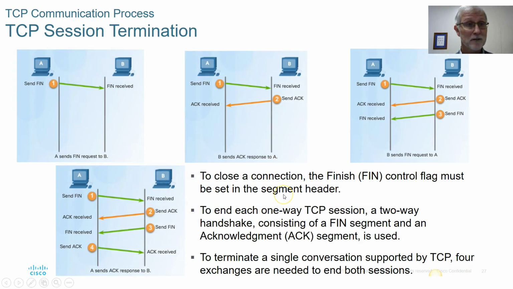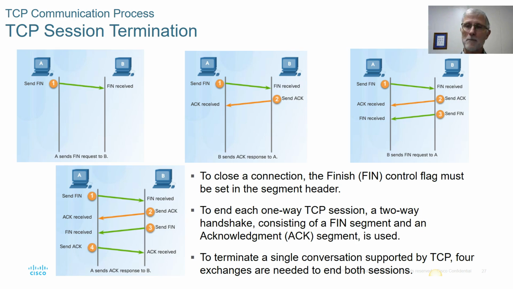Now, termination goes through a four-step process, but it basically says, hey, I'm finished. You've received the finish, and I've acknowledged that finish. Then in a separate message, it says, I'm sending the finish, and the finish has been received, and I acknowledge that finish command.